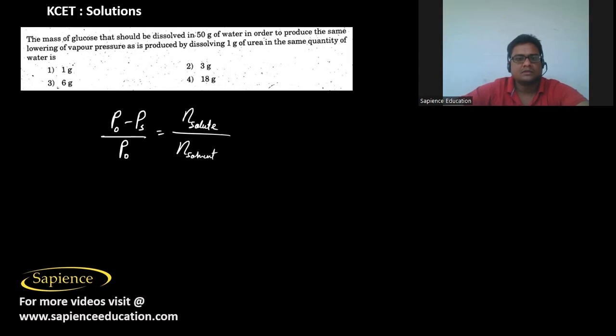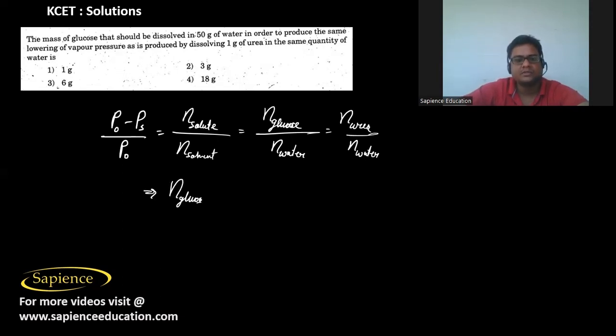So here solvent water is used. So we have the number of moles of glucose divided by the number of moles of water, and that should also be the same as the number of moles of urea divided by the number of moles of water. Here the same amount of water has been used. So it means the number of moles of glucose should be the same as the number of moles of urea.